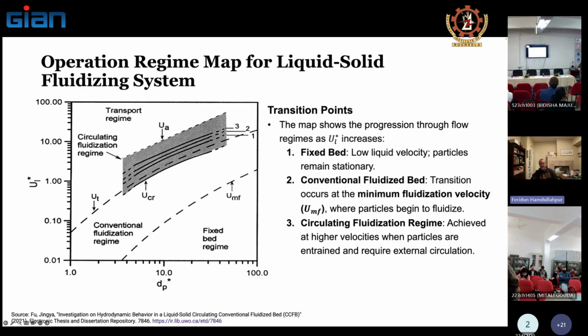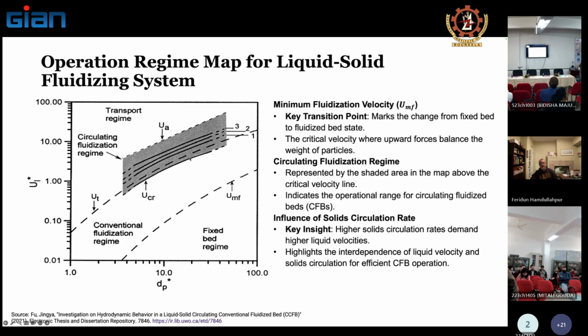This shows different solid circulation rates. As I said, you're able to adjust the solid circulation rate. To achieve higher solid circulation rate, you have to have higher fluid velocity. What does it mean?